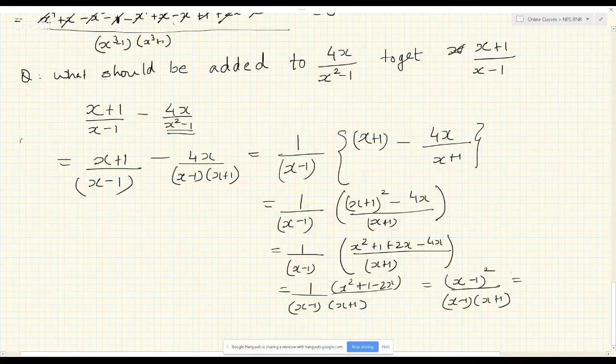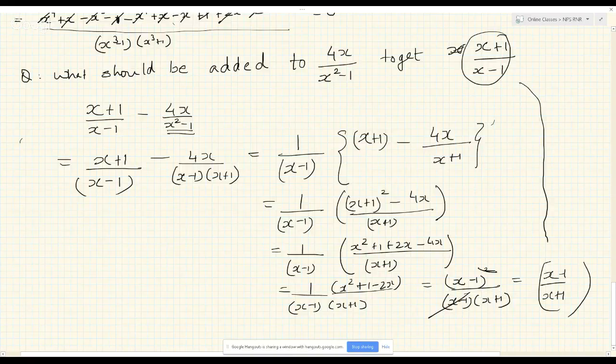So this square goes, this goes, so it is x minus 1 by x plus 1. So this is the answer. If you add x minus 1 by x plus 1 to x plus 1 by x minus 1, you will get this, right? So onto this, you add this, you will get this. Fair enough. So that's solved, I believe.